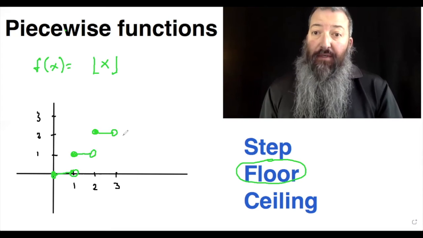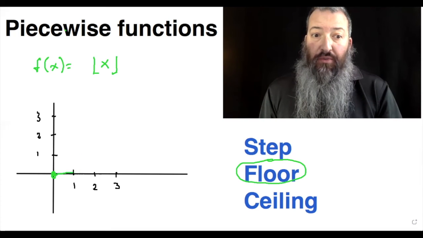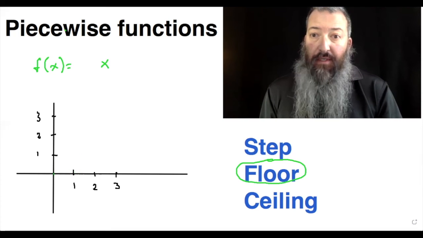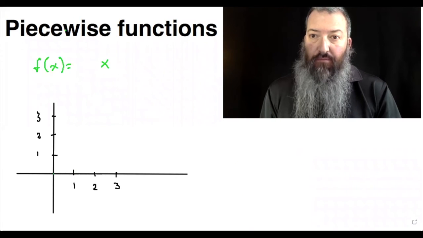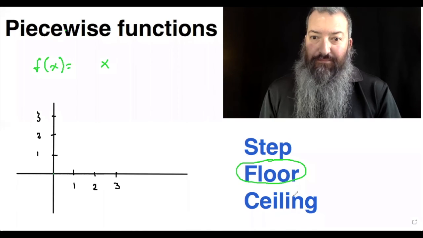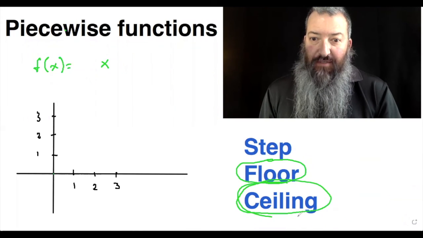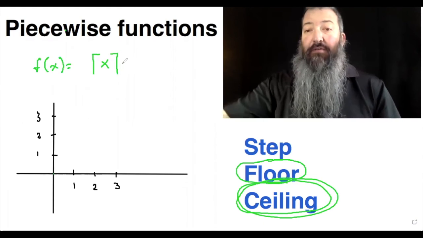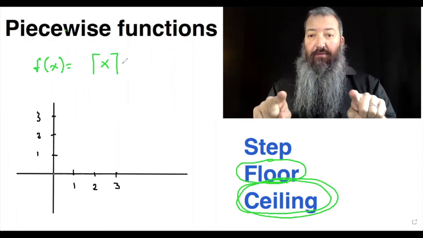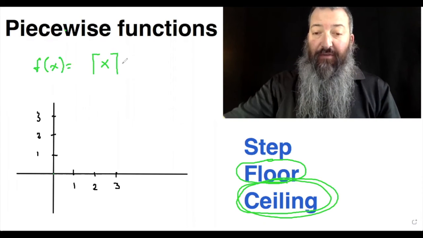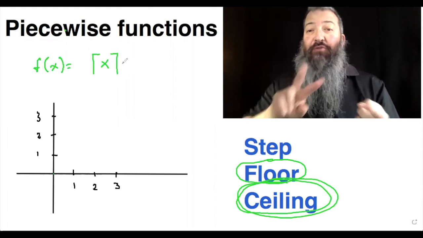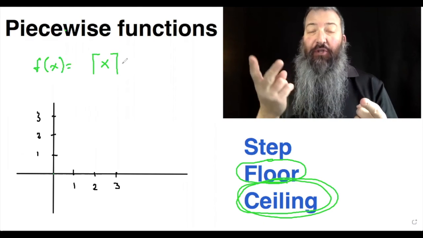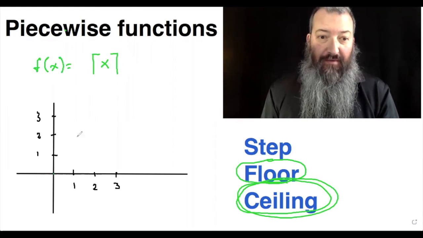Now we'll go back to a ceiling function. Okay, now the ceiling function, same idea, except the symbology is just reversed. It's the x with the ceiling on top of it. Now, this is the one where you've got to remember to flip the open and closed notation.